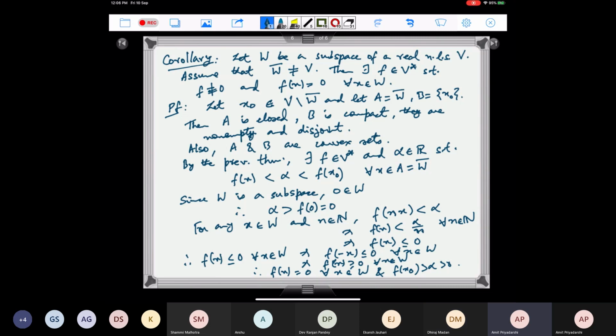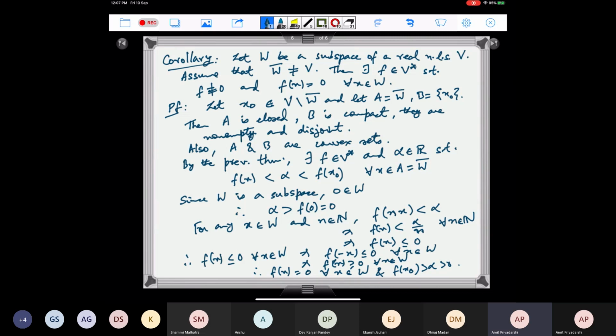Of course, if I take W to be a closed proper subspace of V, then we can say this by using the Hahn-Banach extension theorem also. In that case you look at V mod W, the quotient space, and work on that.